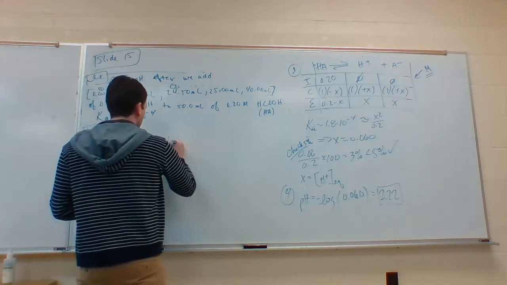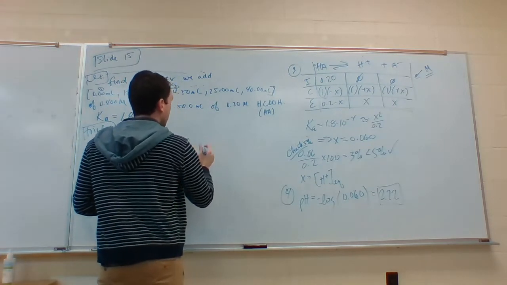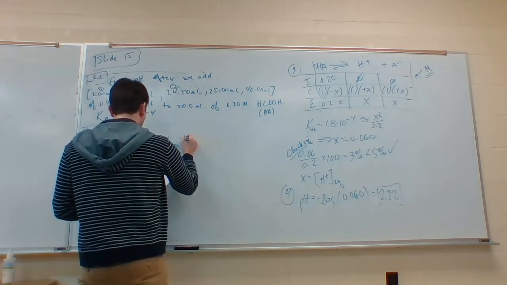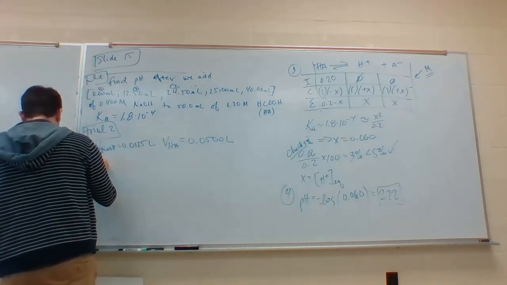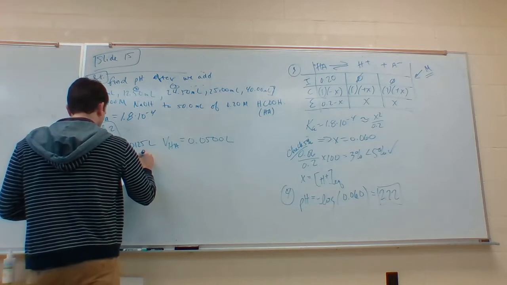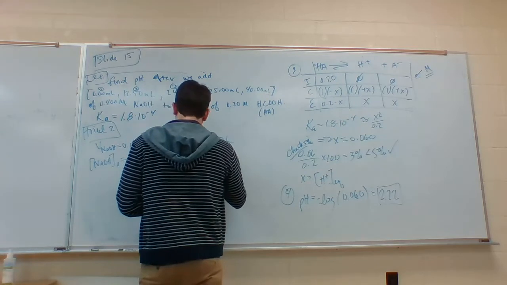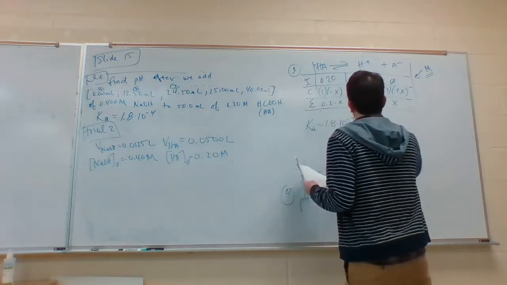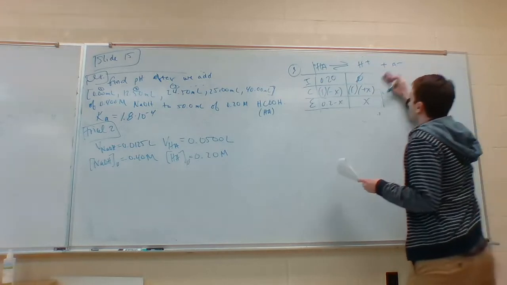We have a volume of HA equal to 0.0500 liters. And we have a concentration of sodium hydroxide equal to 0.40 molar. We have a concentration of HA equal to 0.20 molar. Again, both of those are our initial ones. So that's step 1, writing out our initial concentrations and volumes.